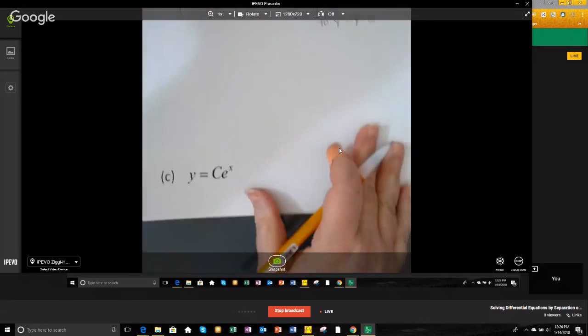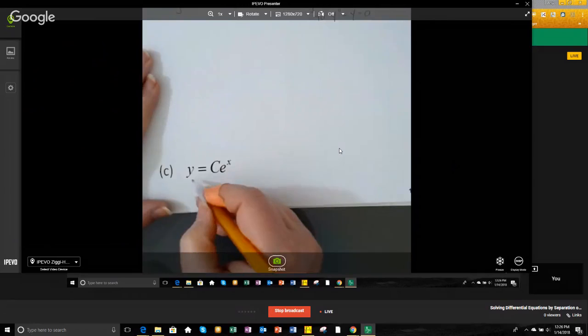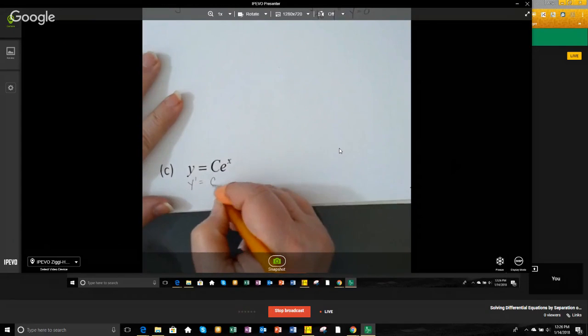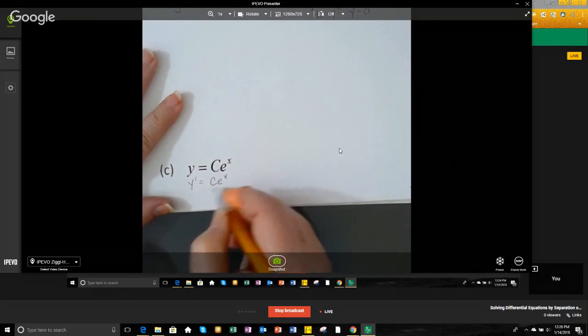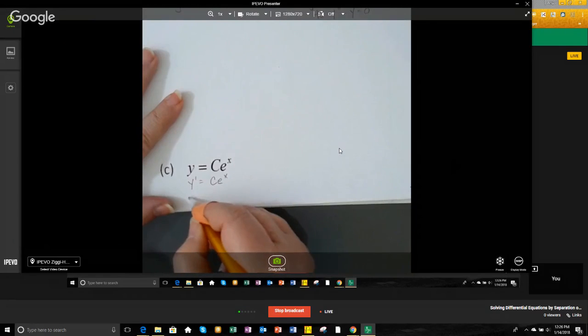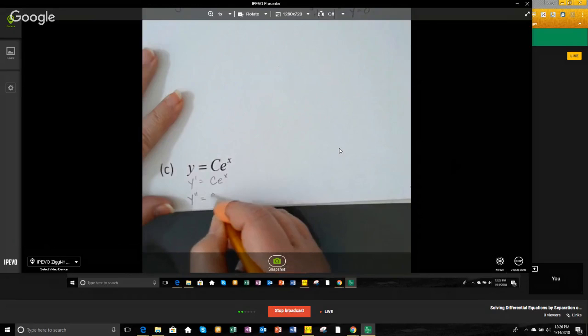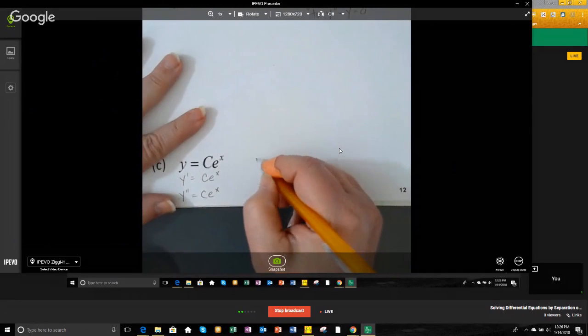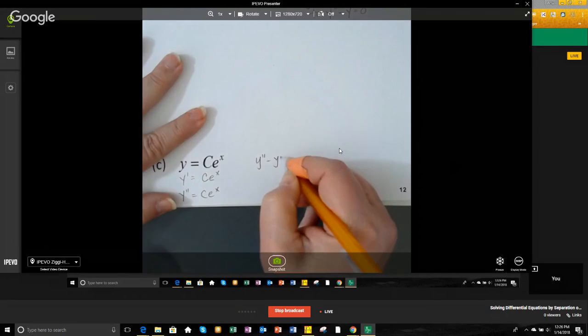Last but not least, let's try this one. Y prime is equal to c e to the x. Nice, right? Because e to the x is our favorite function. Y double prime is equal to c e to the x. So let's see if that's our solution. We can say y double prime minus y equals 0.